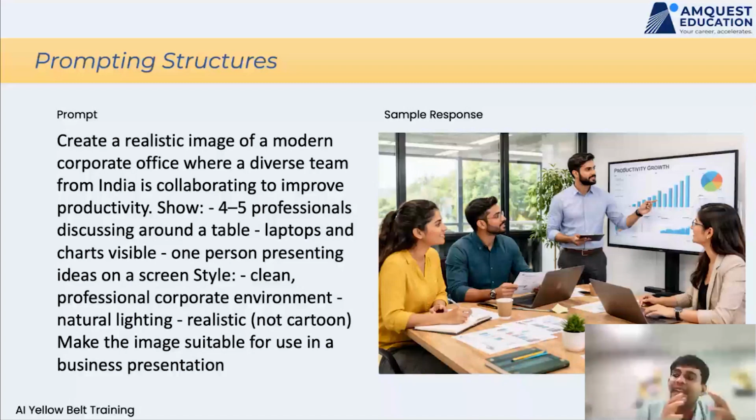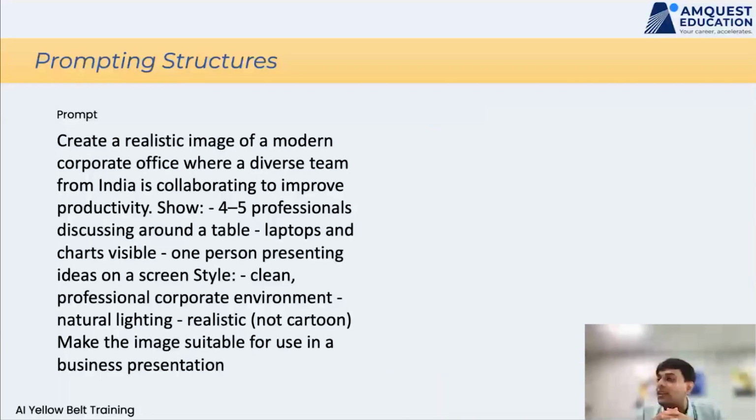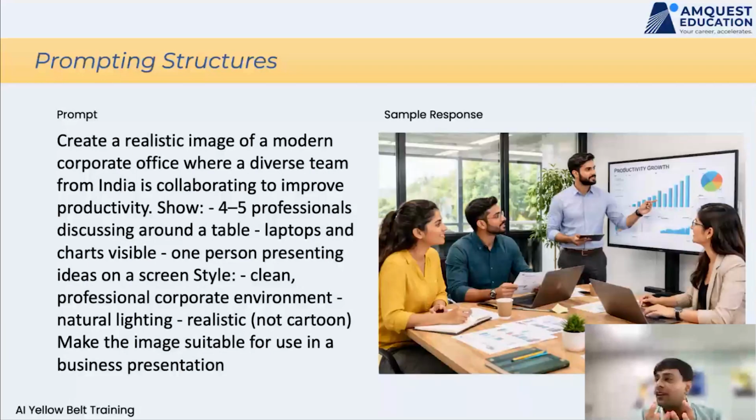In the previous example, we had just written, create an image showing a team working in office, right? So you simply see even in image creation, there is a stark difference when your prompt is a bit clearer. It has clear mention of everything that you expect in an image.